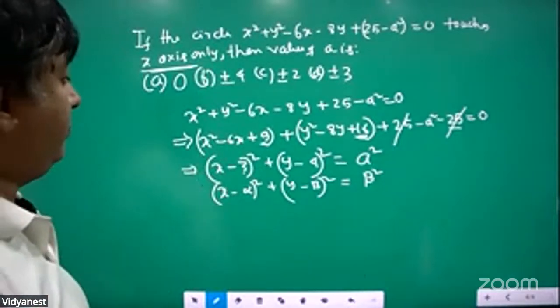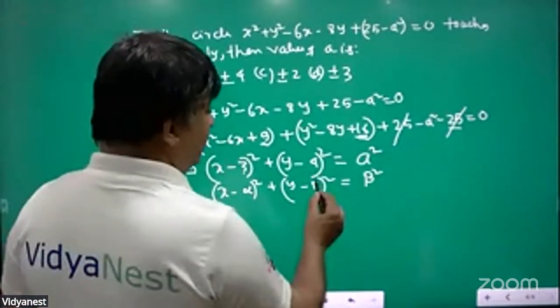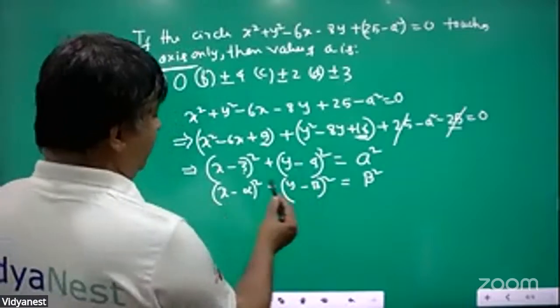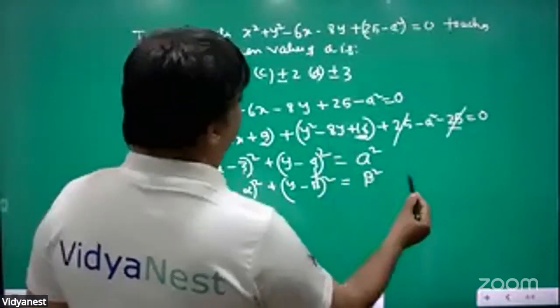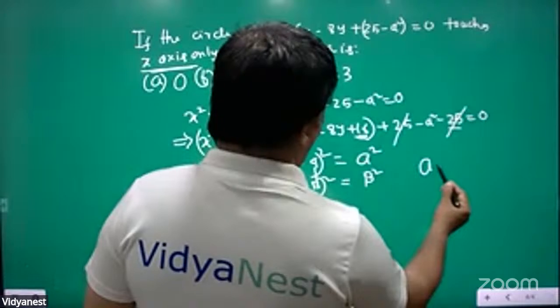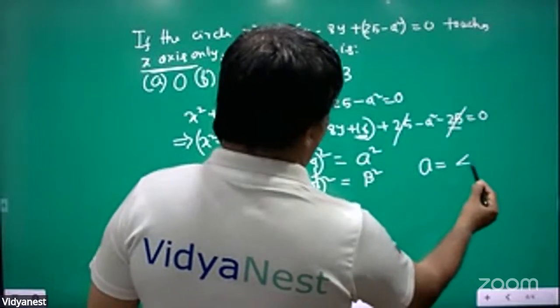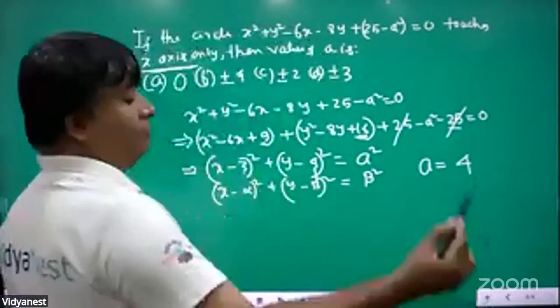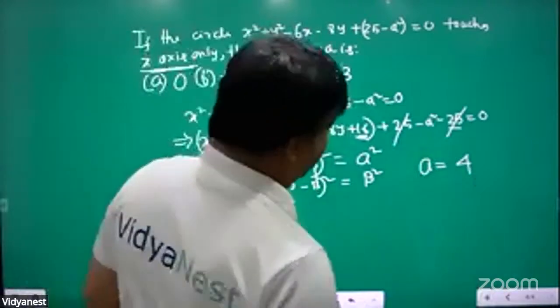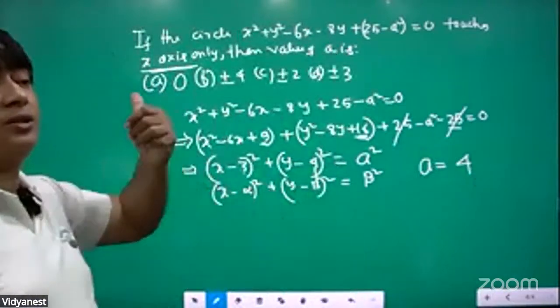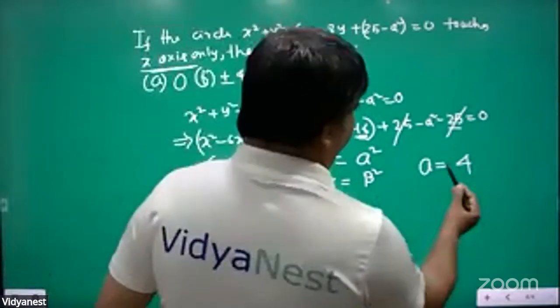Compare, it is 4. So a is 4. It can be plus 4 or minus 4, because once you do the square, it will be positive.